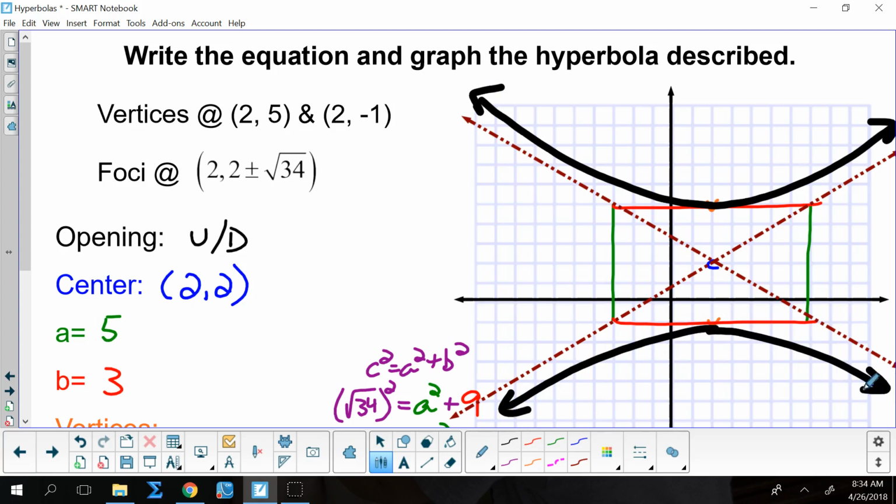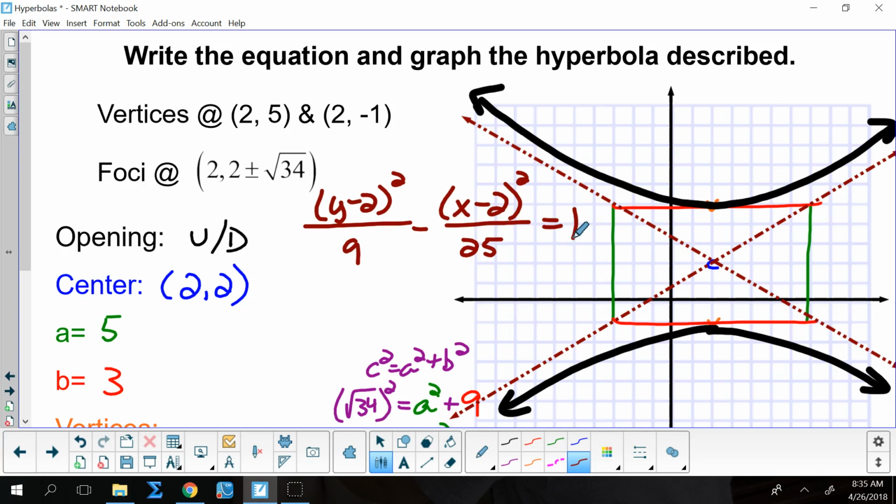So there's the graph. The equation is going to be, because it's vertical, y minus 2 quantity squared over 9 minus x minus 2 quantity squared over 25 equaling 1.